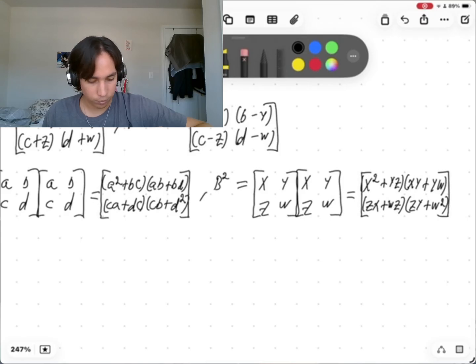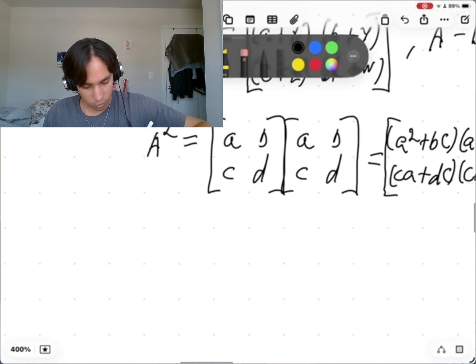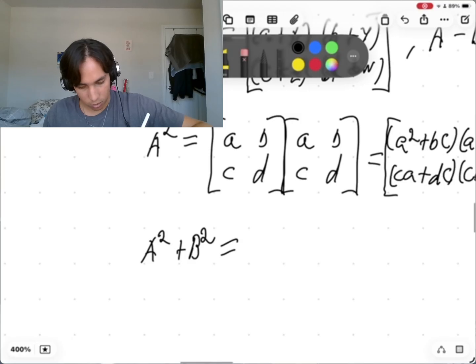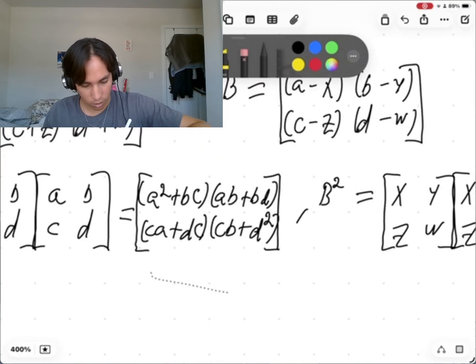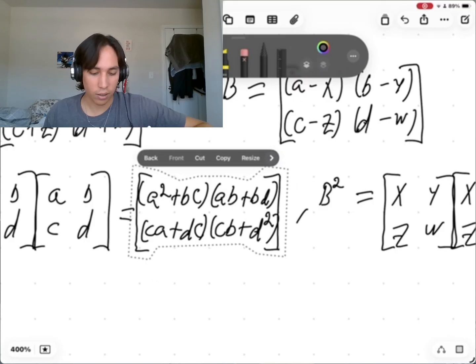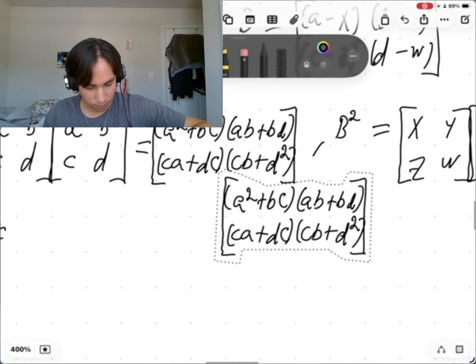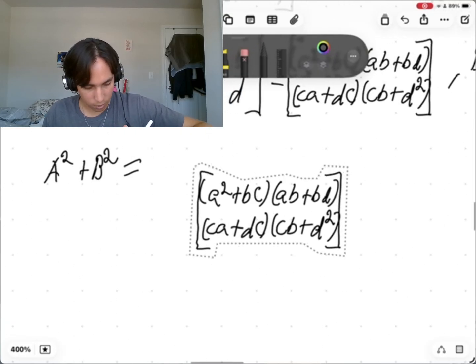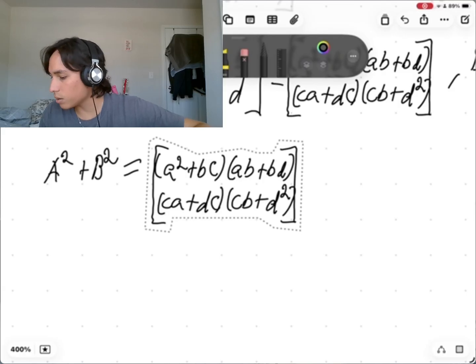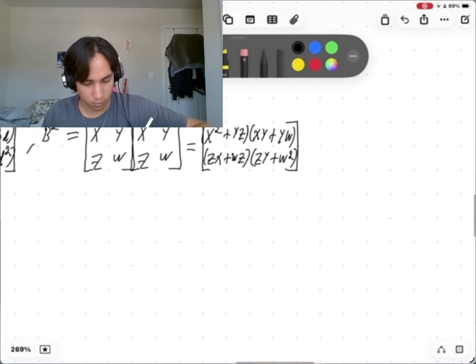So a squared plus b squared equals this thing. Actually, it would be minus. The question says minus, right? Yeah, a squared minus b squared.